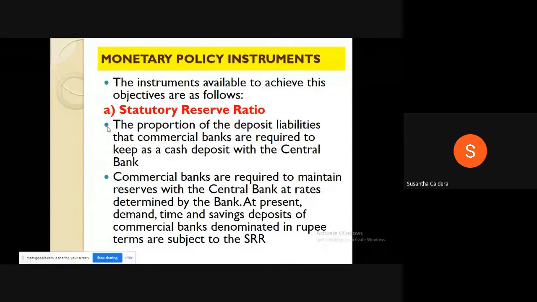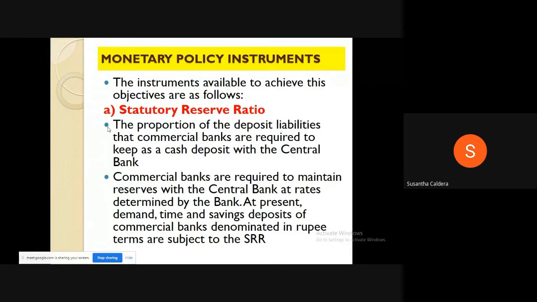Commercial banks are required to maintain reserves with the central bank at rates determined by the bank. At present, demand, time and savings deposits of commercial banks denominated in rupee terms are subject to SRR.